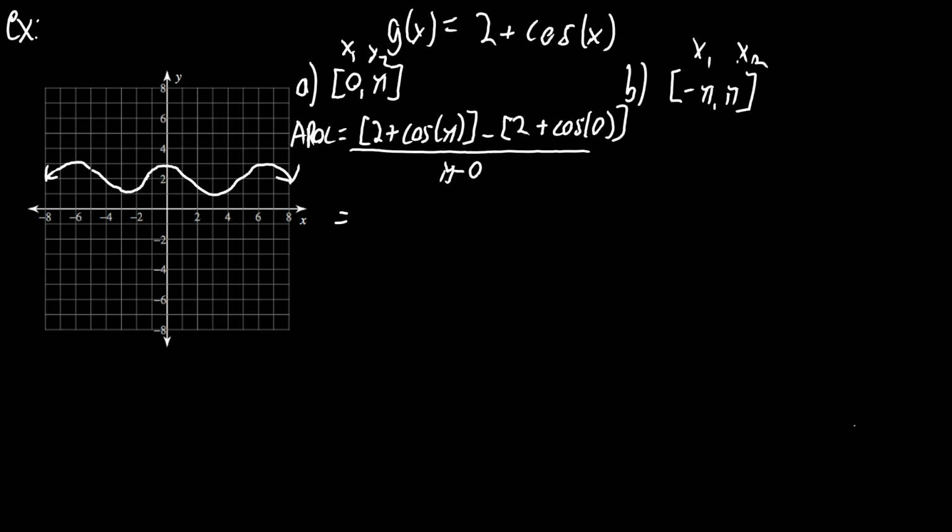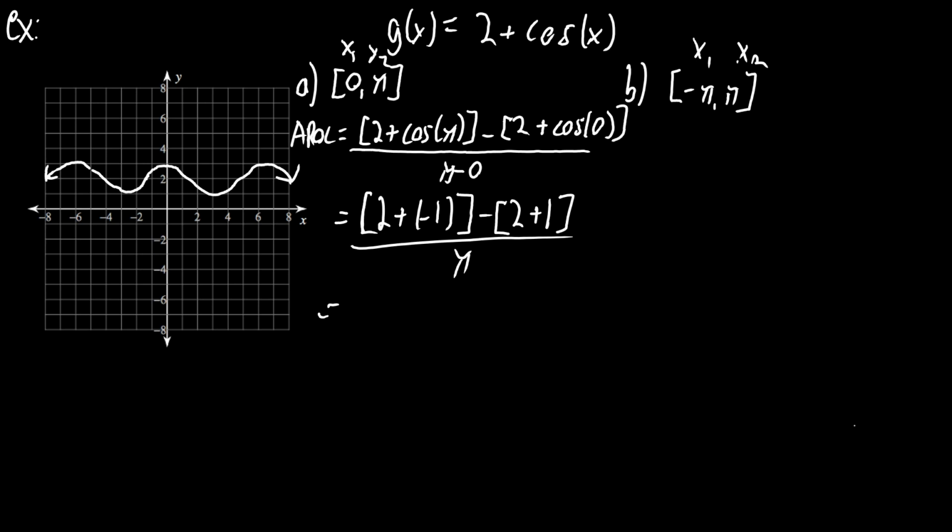Okay, so simplifying that, I have 2 plus cosine of pi. Cosine of pi is negative 1. Minus 2 plus cosine of 0, which is just 1, over pi.